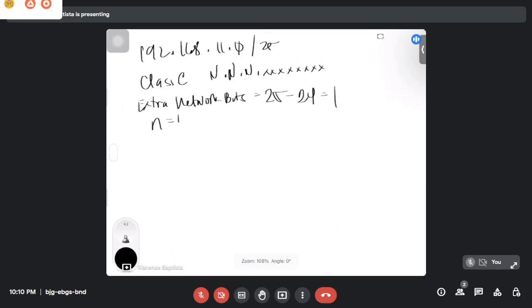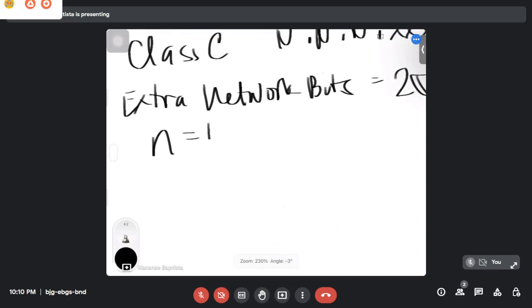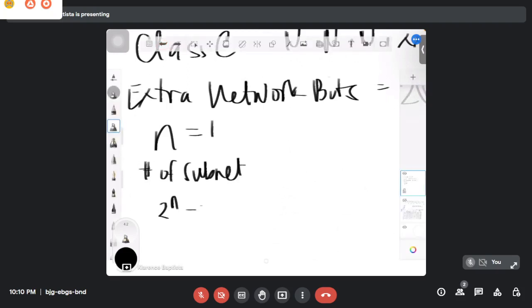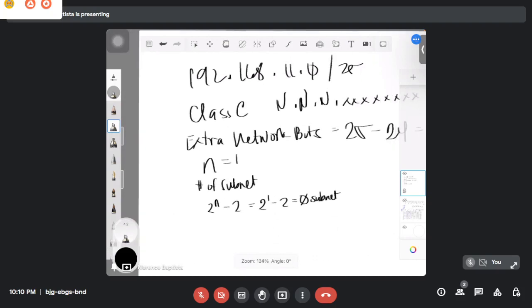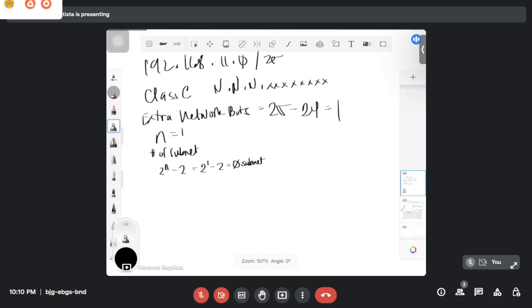Ngayon, dahil n is equals to 1, we will get number of subnet, which is 2 raised to n minus 2. So, 2 raised to 1 minus 2 is equals to 0 subnet. Tama, di ba? So, we have 0 subnet.